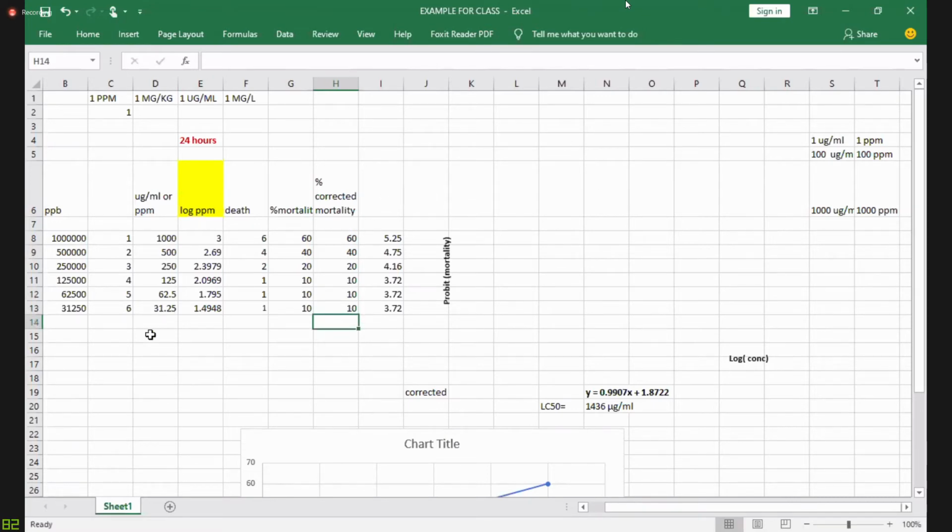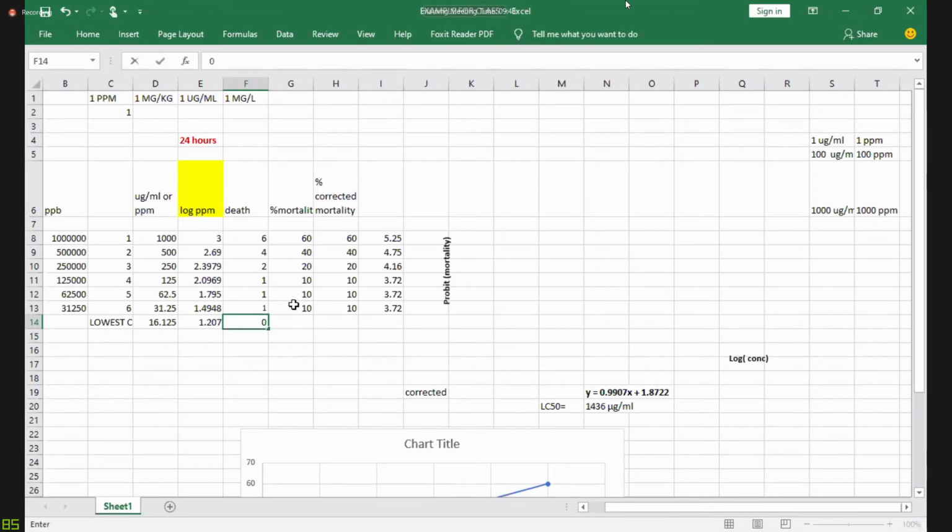But what if I start with a lower concentration, which is 16.125, and the log of 16.125 is 1.207? This is the lowest concentration, and the death is 0.